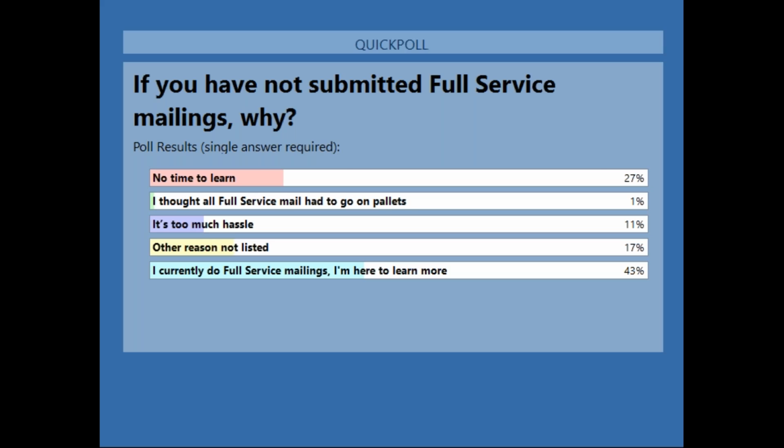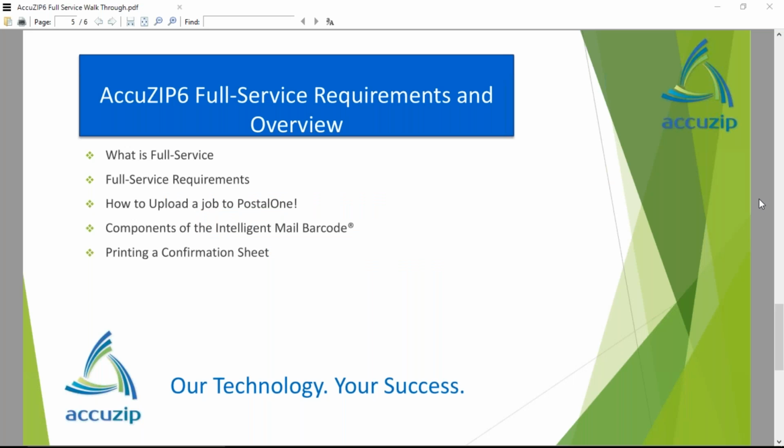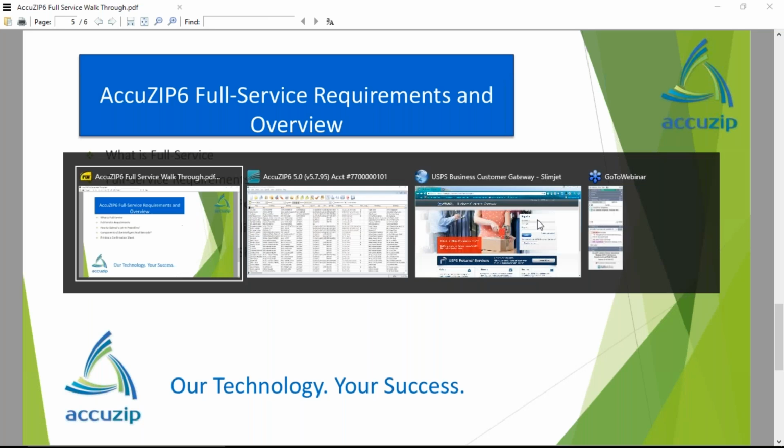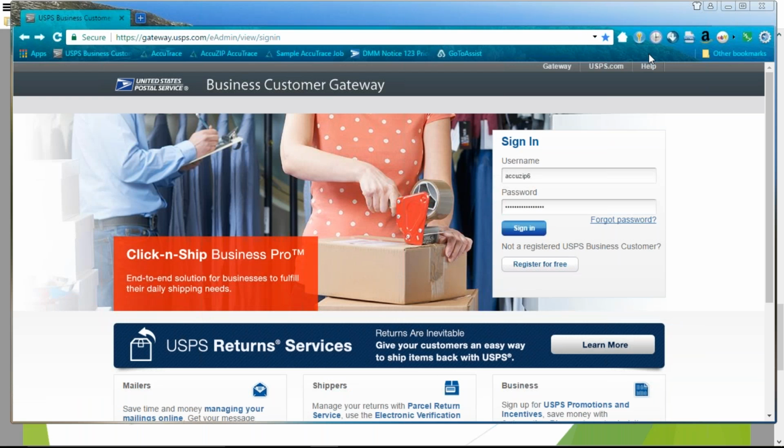Okay, so let's proceed. Thank you very much for again volunteering your efforts there to do our poll. What I want to show you now, we're going to walk right through this. Specifically how to do full service mailings. And I'll get into requirements right now of full service mailings, just so you know.